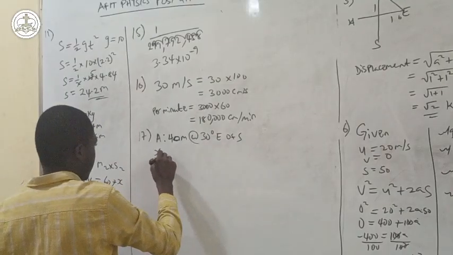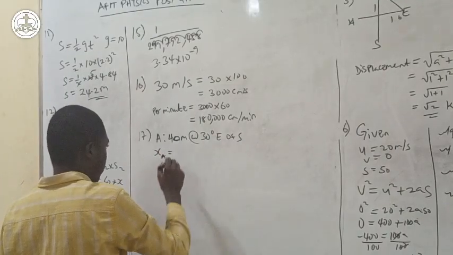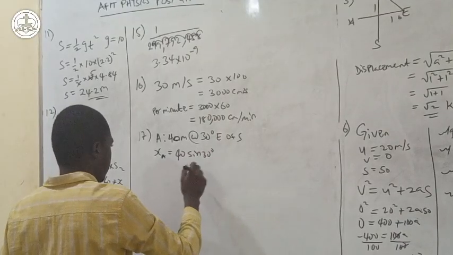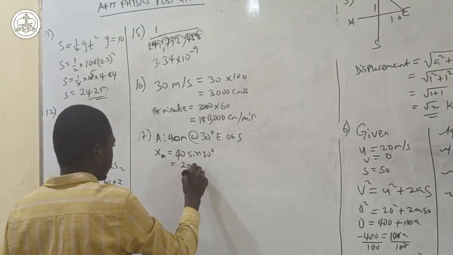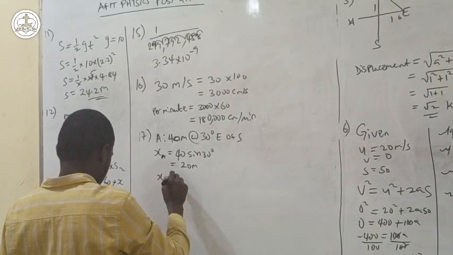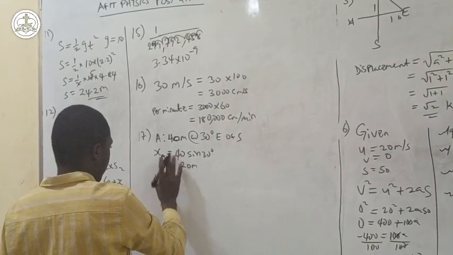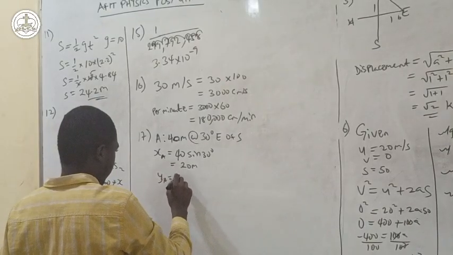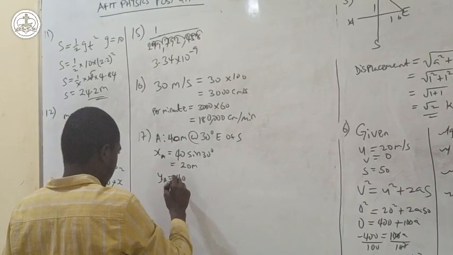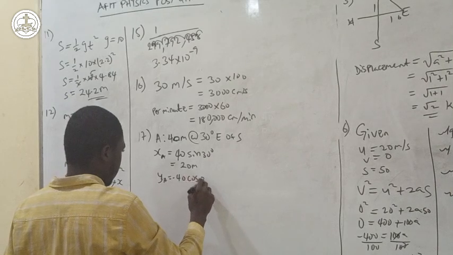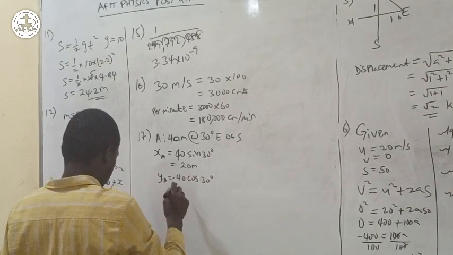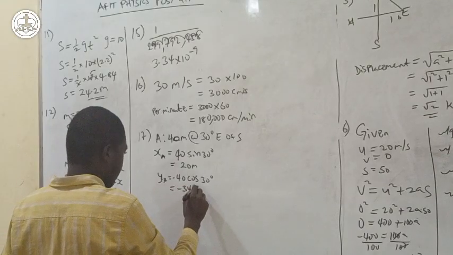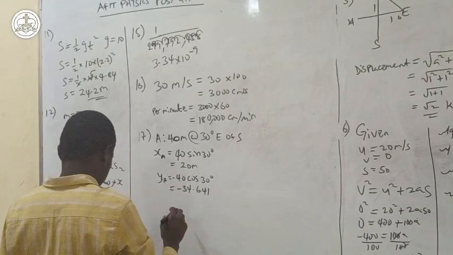The x component of A is equal to 40 sine 30 degrees, which is equal to 20 meters, and the y component of A is equal to minus 40 cos 30 degrees, which is equal to minus 34.641.